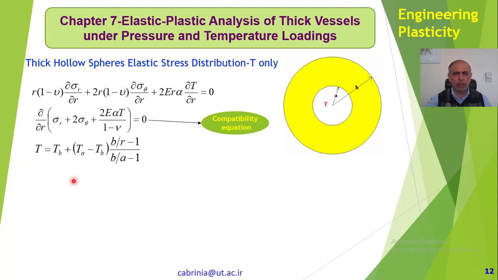But before doing that, if the temperature inside the sphere is equal to T, then the temperature at the walls at A and B, we call it TA and TB, and we assume that the relationship is something like that. So T is equal to TB plus (TA minus TB) times (B over R minus 1) divided by (B over A minus 1).